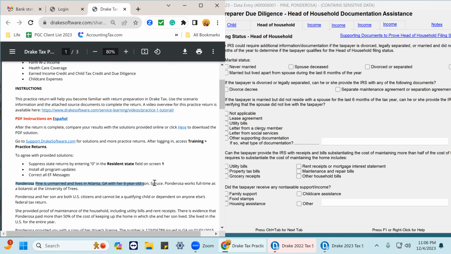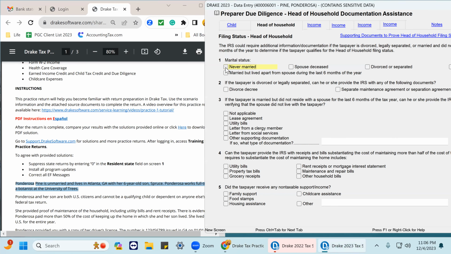Do you see it, on the left side when I highlight it? So it's never married, has a kid, okay? So you will not need to answer number 2 because... Wait, Philip. Yeah. Unmarried, never married. So she just says that she is unmarried and lives in Atlanta, right?